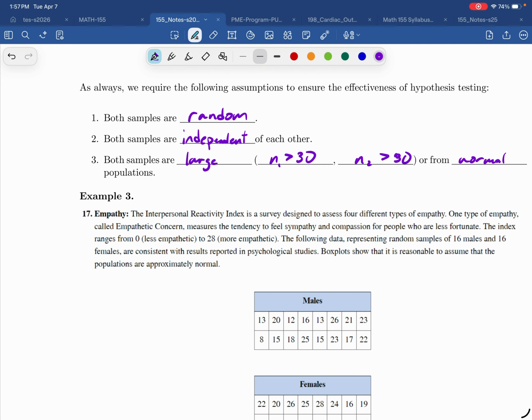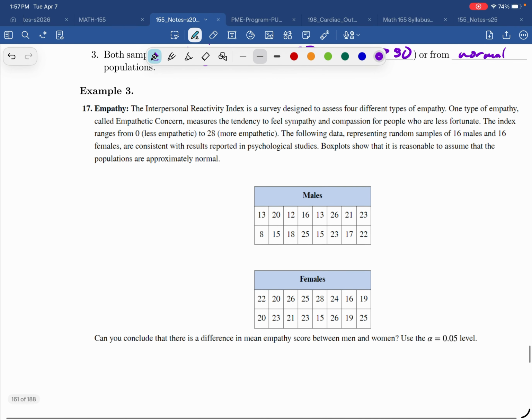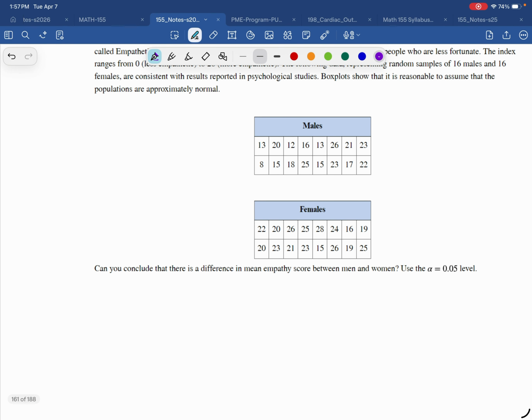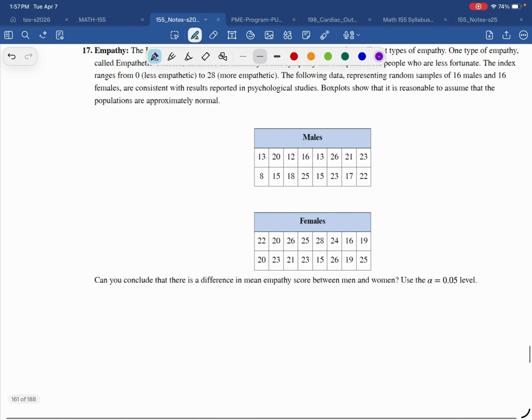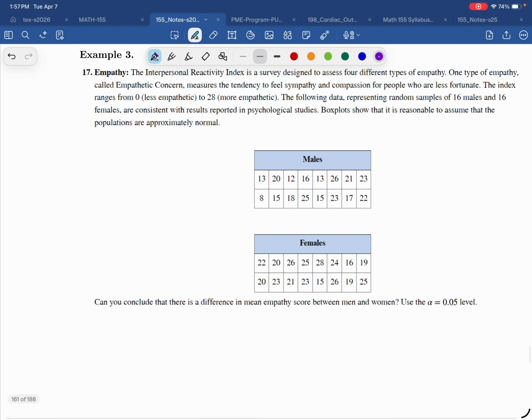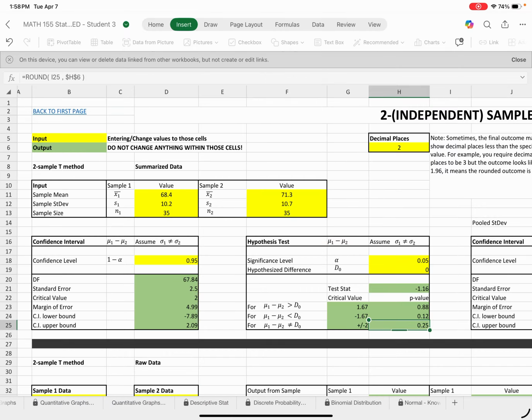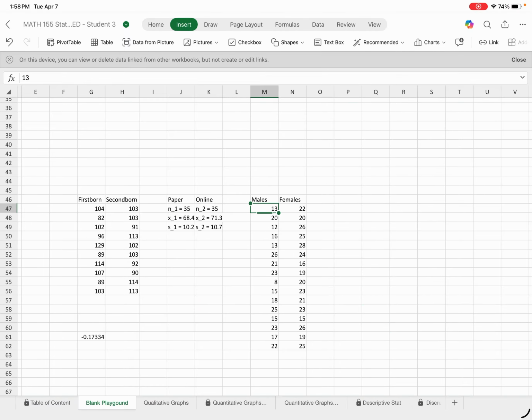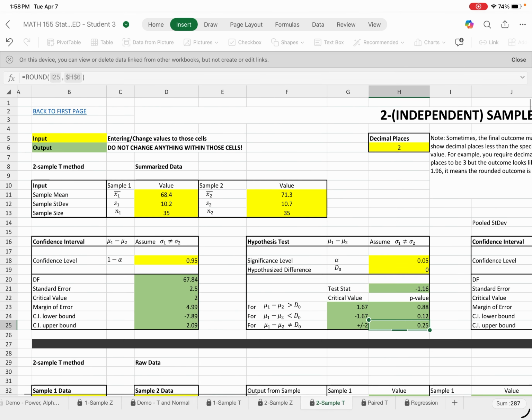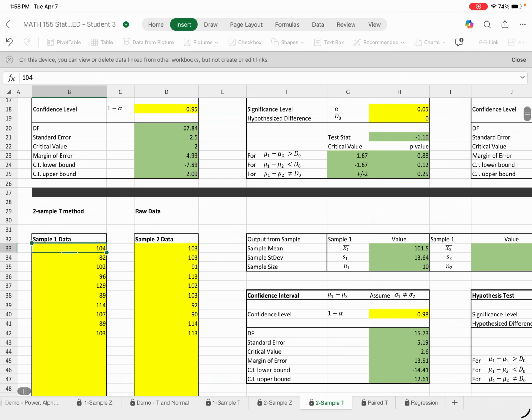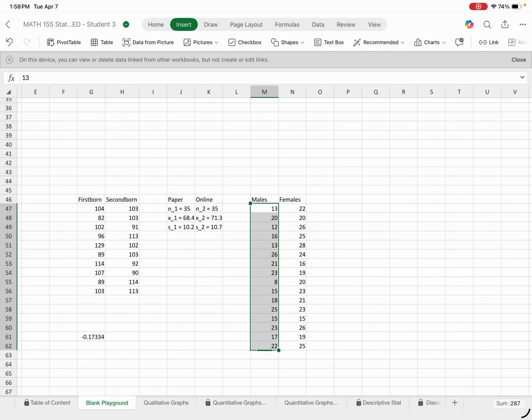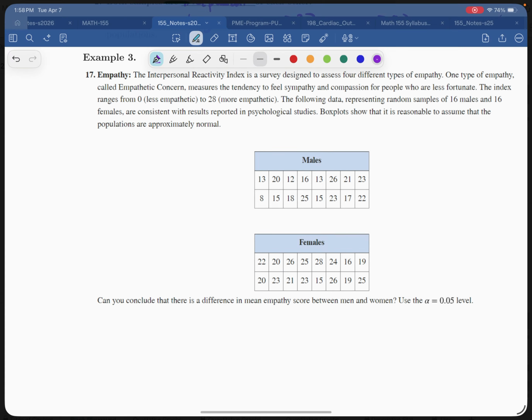Okay, and then last but not least, there's this question about empathy difference between men and women, males and females. I'm not sure if it's men and women or males and females, but I'm guessing they didn't test on kids. So anyway, let's go ahead and copy our data and enter our stuff into Excel.